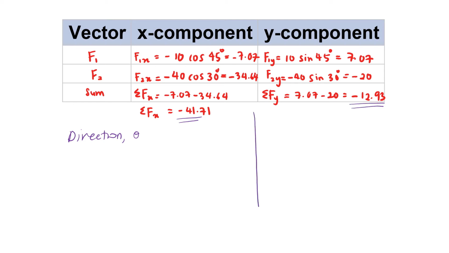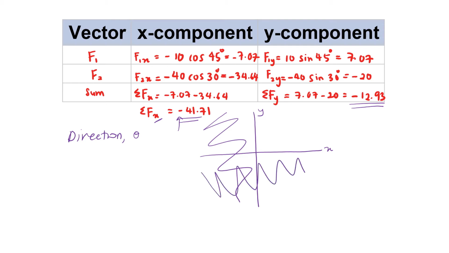Now we place this resultant vector. We can see here that the x-axis is negative, so it is going to be at the negative side, and the y-axis is also negative, so again it is going to be at the negative side. So the resultant force is positioned in this quadrant of the axes.